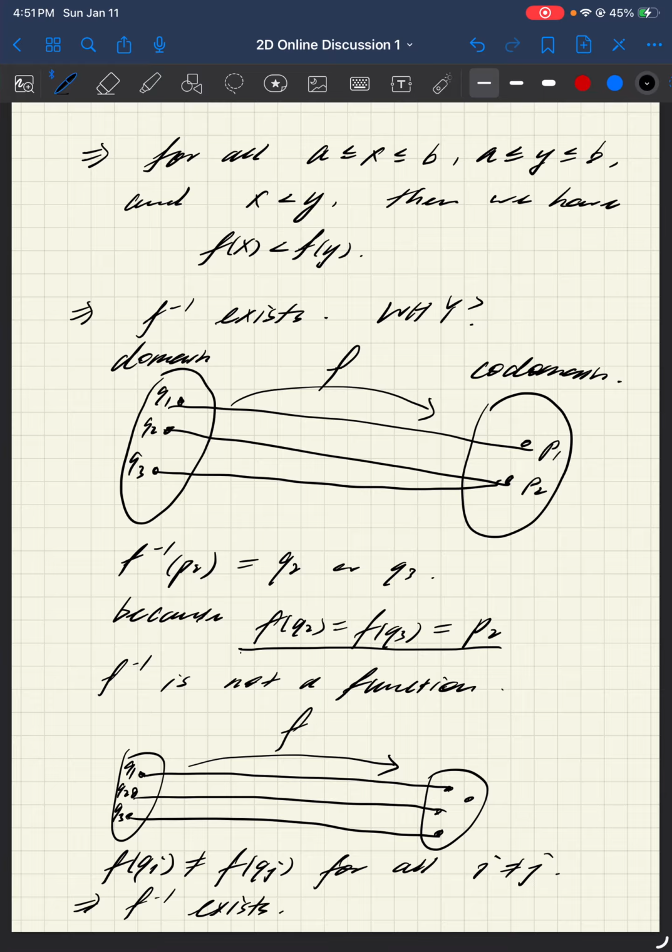It is defined on these 3 points, which is the image of f. There's no ambiguity here: the inverse of the first one is Q1, the inverse of the second is Q2, and the inverse of the third is Q3. So I can actually define f inverse. A function with this property is called injective.